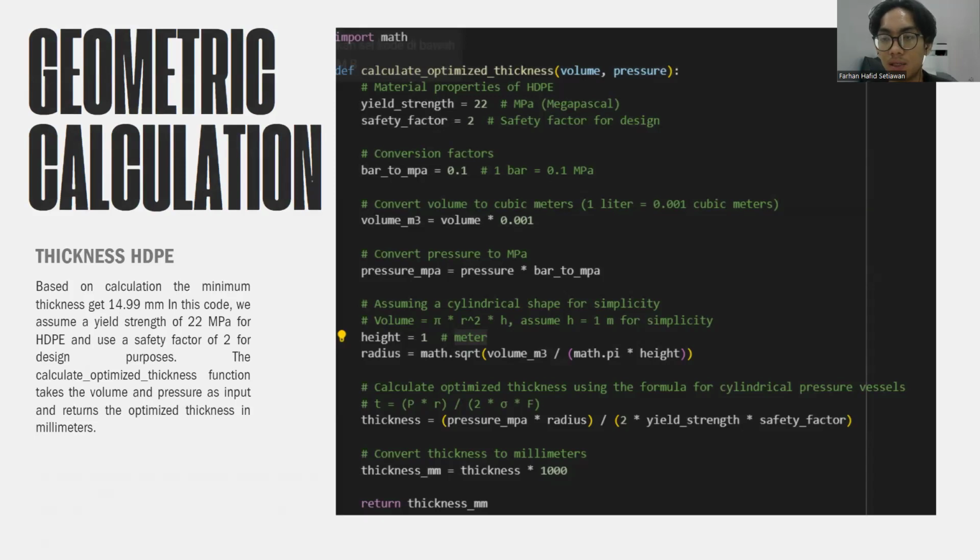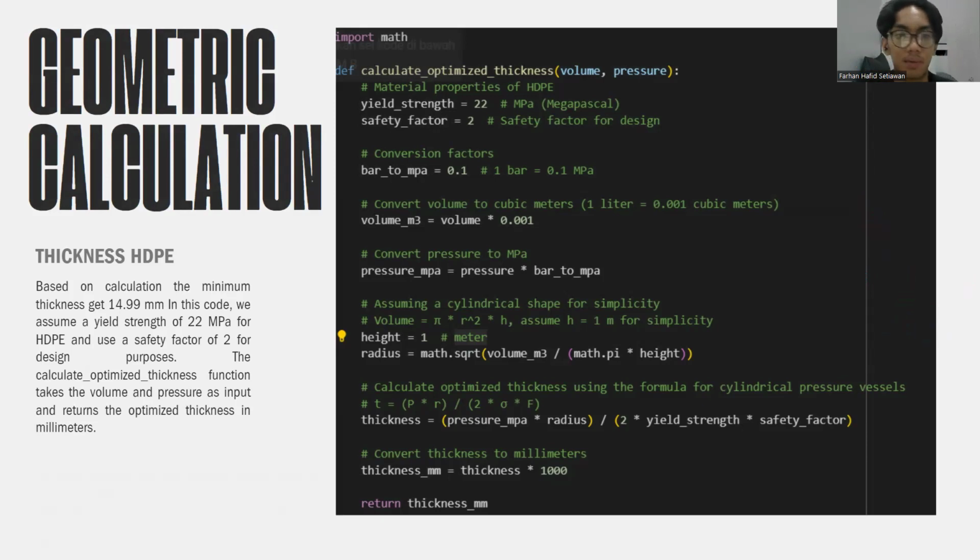Okay, there is some numeric method involving calculation to decide how thick the HDPE should be. We used coding in Python. Sorry, I cannot show you everything exactly.